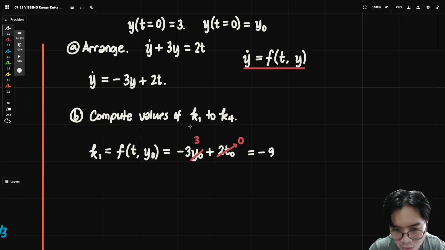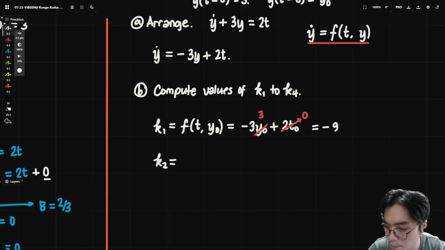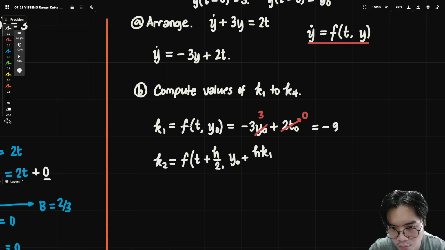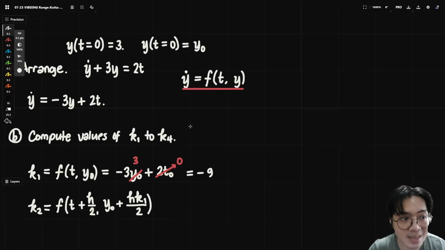Okay, negative 9. Now, K2, this is where things get a little bit complicated kasi ngayon makikita nyo na we will have t plus this value of h over 2, then your y0 plus hk1 over 2. Matataka kayo, ano yung h? The value of h here is what we call a step size.